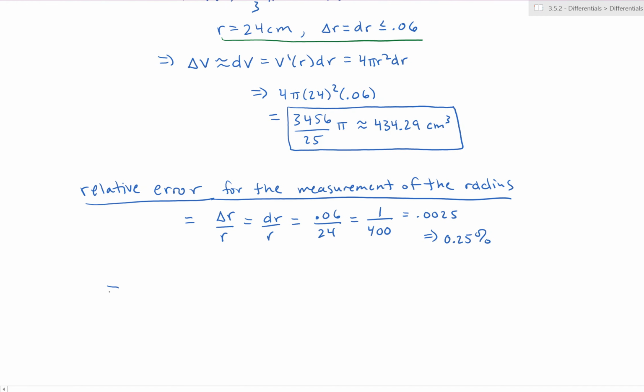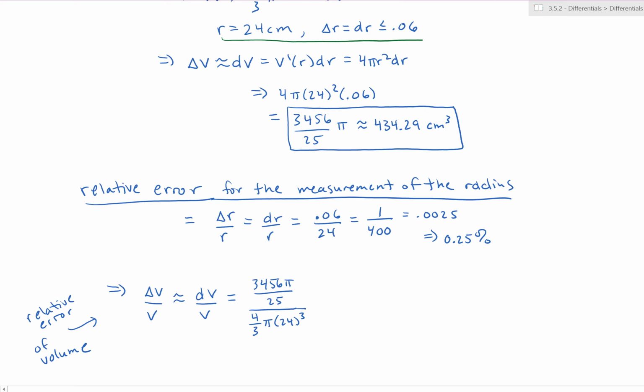And so what does it tell us about our relative error in the volume measurement? Well, that would be delta V over V. So here's our relative error of the volume using these same calculations, which is going to be approximated by dV over V. Now, we already found dV above, 3,456 pi over 25. And then the volume is by plugging in the measurement, which was 24 centimeters, into the formula for the sphere's volume, which is 4/3 pi times 24 cubed here.